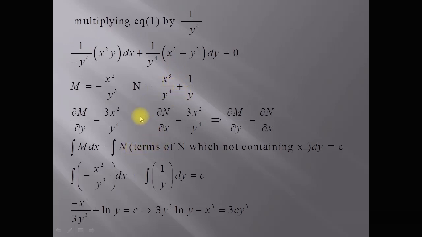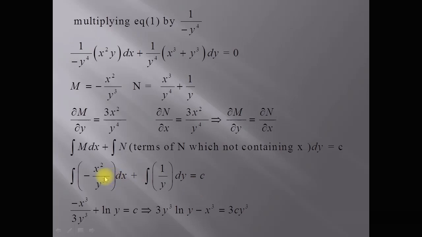So for the integration of N we take only this one term, 1 over y. So the integration of the M function with respect to x, this is the new M function, plus the integration of that term of N which does not contain x, 1 over y, with respect to y, is equal to c.